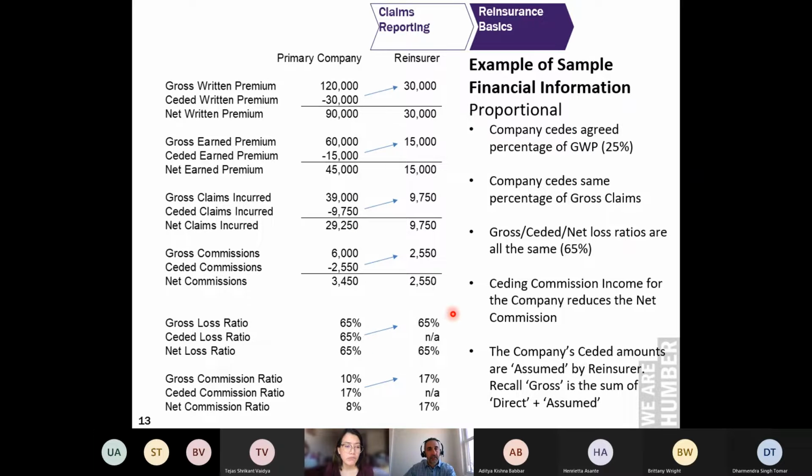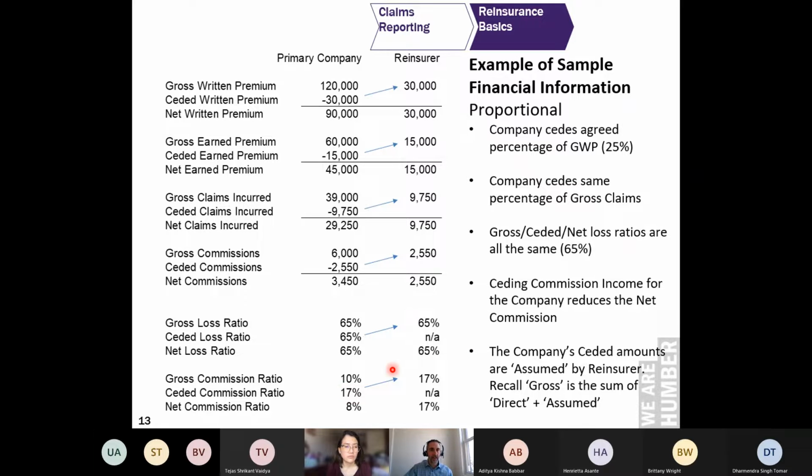The reinsurer is assuming the same thing you're ceding, so their loss ratio is going to be the same. Their 9,750 divided by their 15. Okay. So this is the way that proportional, the companies are really partners because they have equal percentage in the profits or losses of the business.